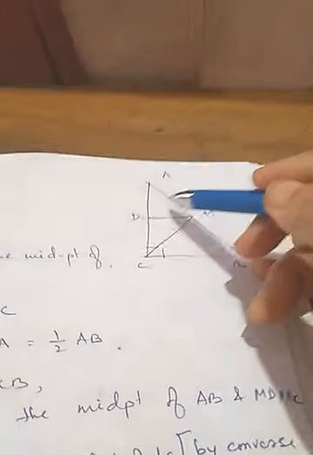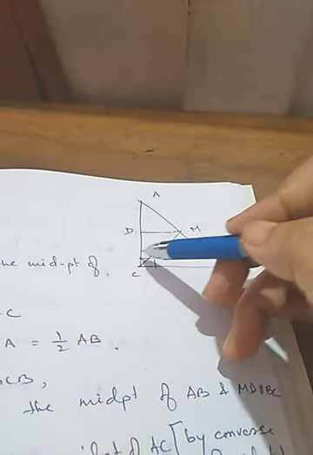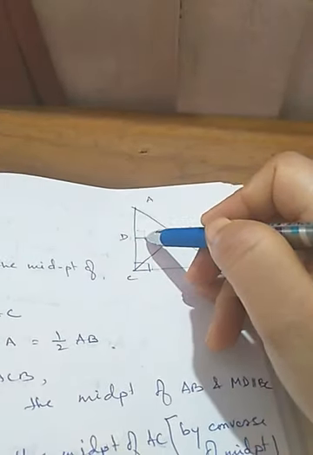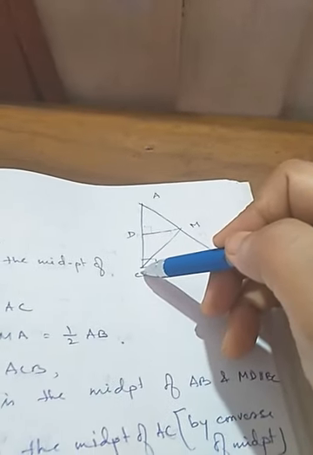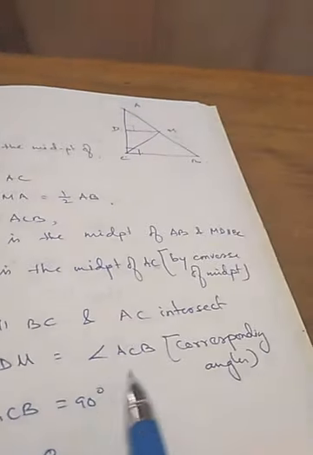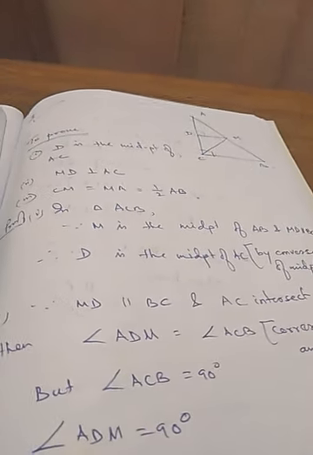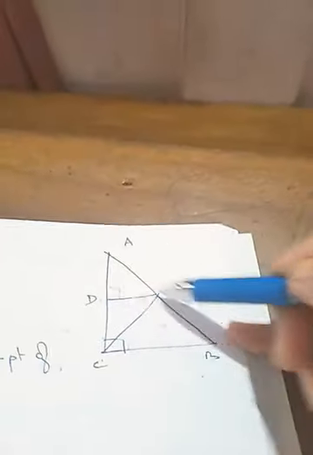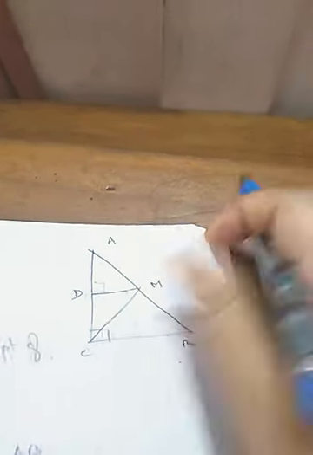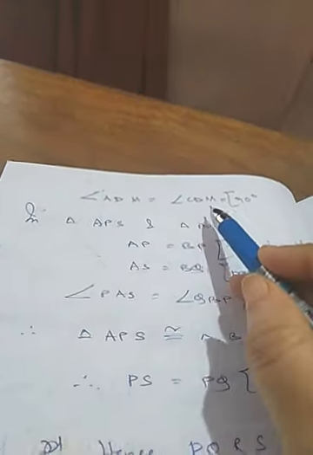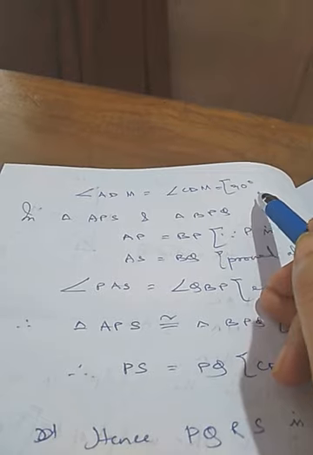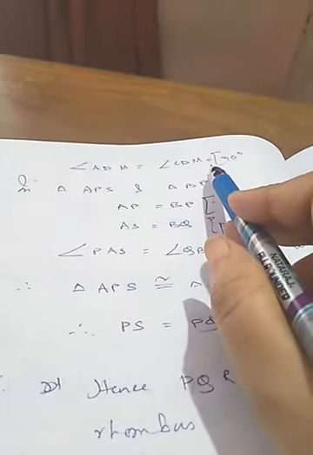Now since MD is parallel to BC and this is 90 degrees, therefore this is also 90 degrees. Corresponding angles are equal, as all of you know: ADM equals ACB, corresponding angles, but ACB is 90 degrees, therefore ADM is also 90 degrees. And when it is 90 degrees, that means this is perpendicular to AC. So we have written that ADM equals CDM equals 90 degrees. That means it is perpendicular.